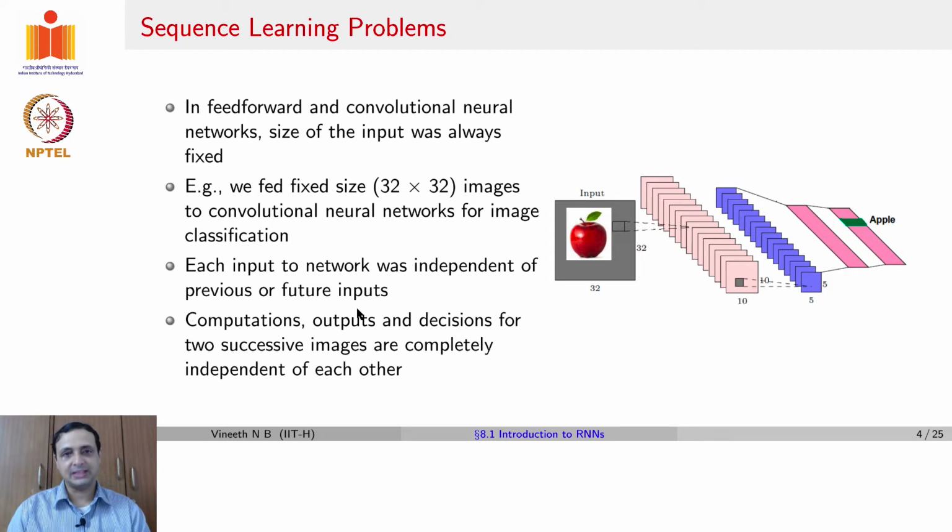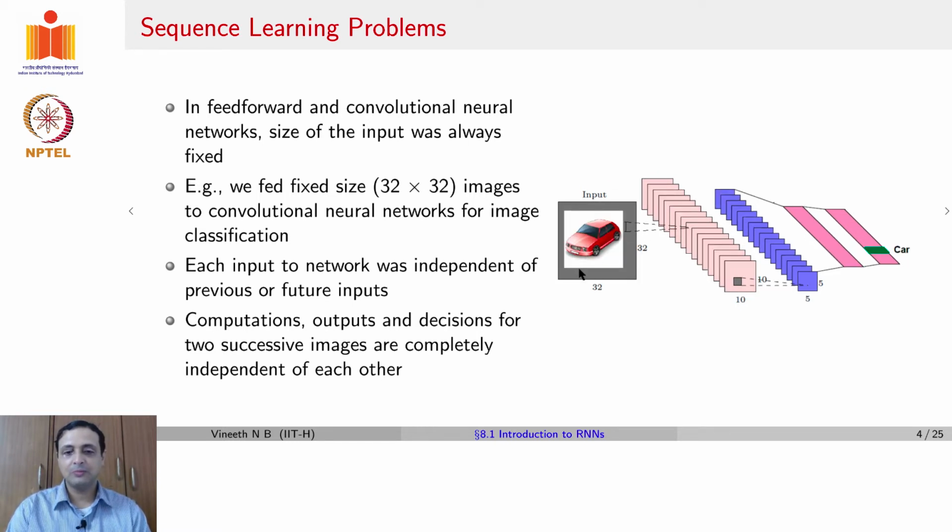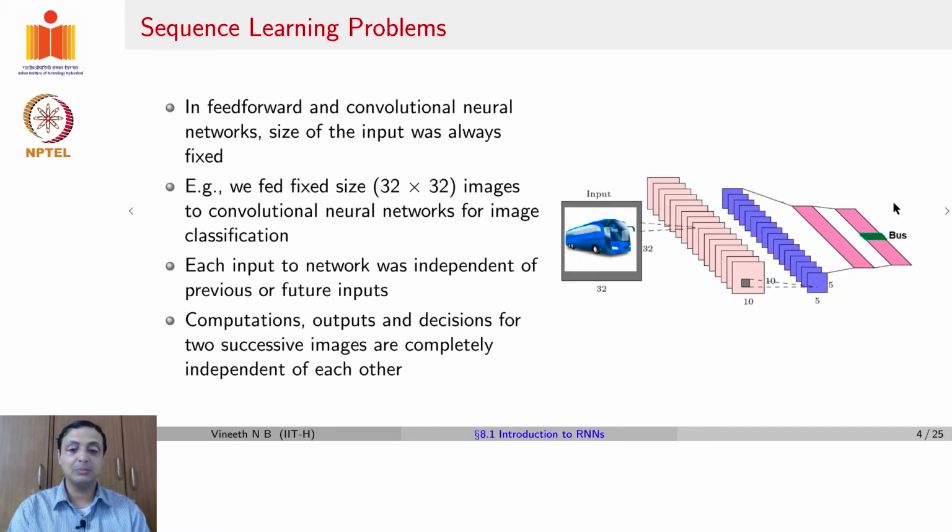If we have a dataset of images, we assume that each image in the dataset is identically, independently distributed, which means that irrespective of which order you provide these images in, your model is likely to learn the same prediction function at the end. So irrespective of the input being, say, this image or this image or this image, obviously the class label changes, but nothing else changes in the model parameters or the architecture.